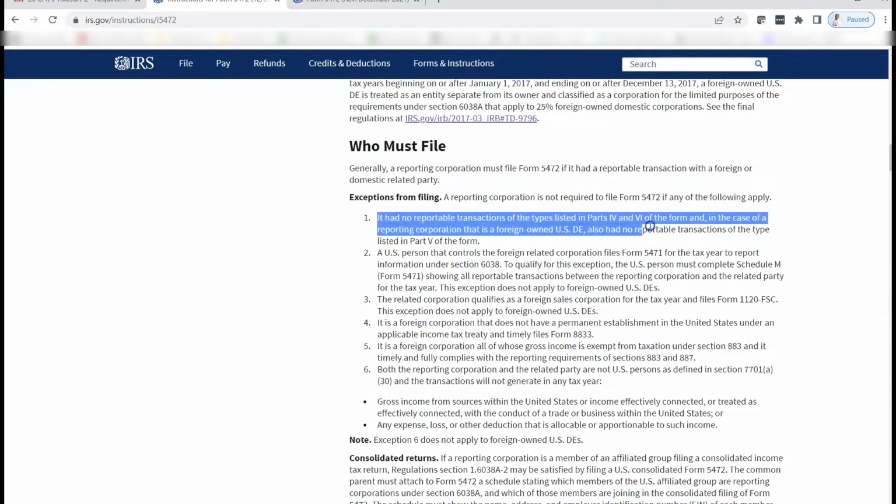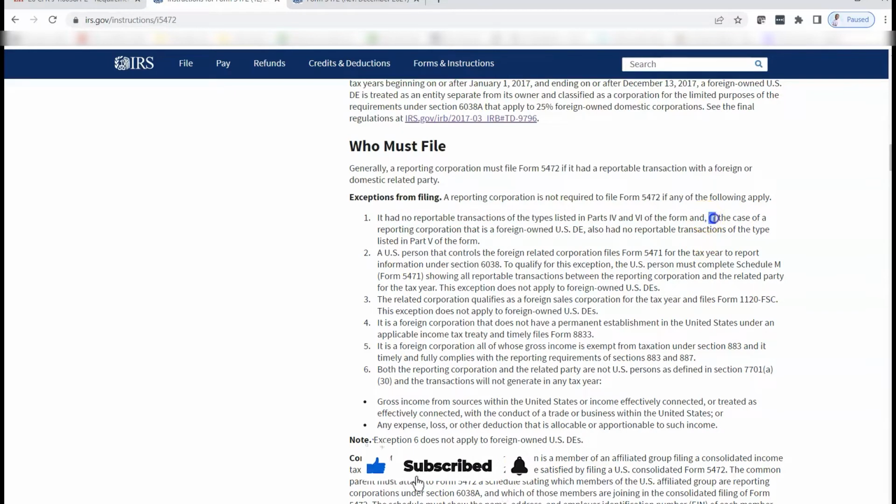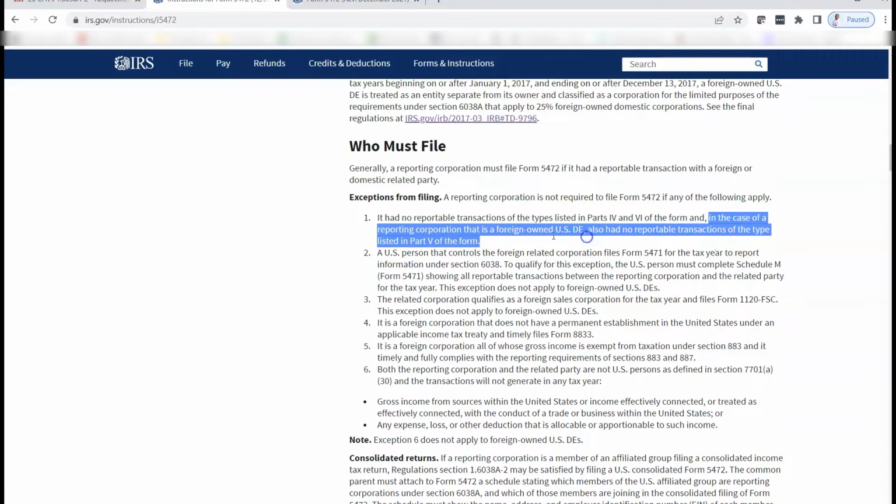As you read here, the sentence stops and then there's a comma. When you read after that, it says that in the case of a reporting corporation that is a foreign-owned U.S. disregarded entity, they are not required to file Form 5472 if they do not have the type of transactions listed in Part V of the form.